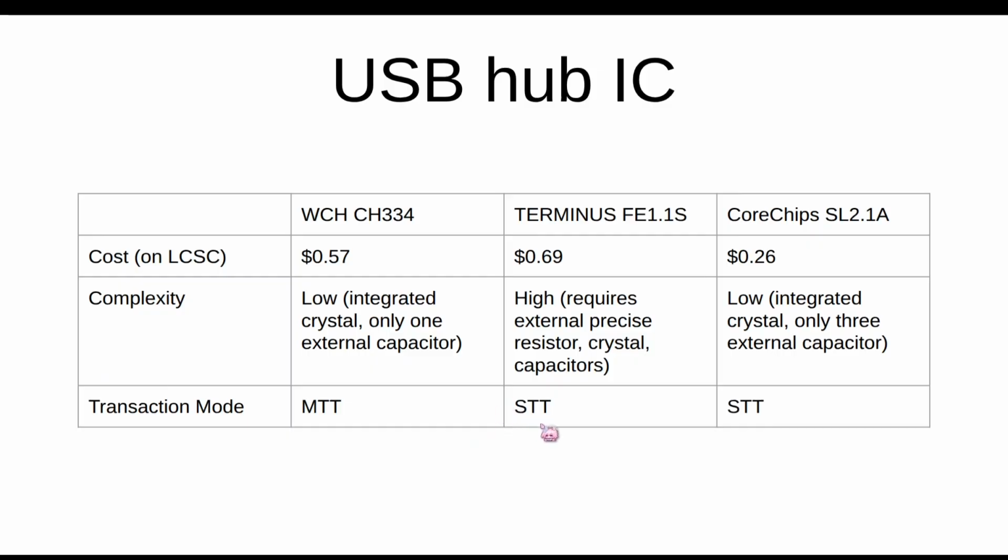With single transaction transport, you would have to wait for the mouse to finish, and then move on to the keyboard and the camera. So if something is using a lot of bandwidth in your USB hub, your mouse and keyboard would be sluggish. That's why the CH334 is a bit more expensive than the SL2.1A, despite having almost the same feature set.